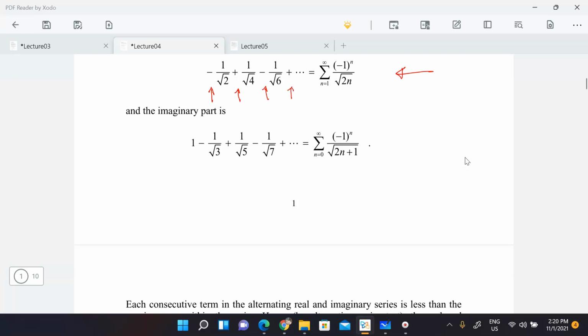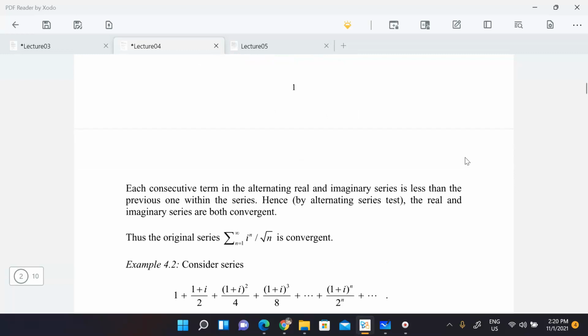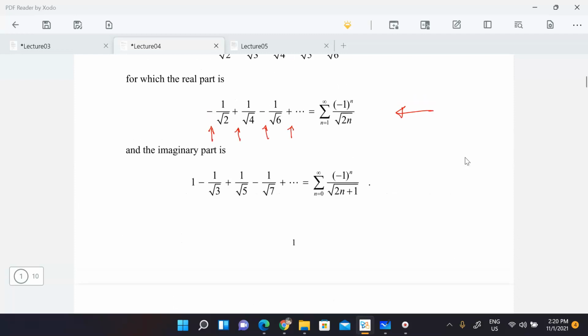Since the sign is alternating, I will look for those tests used for alternating series. I can't remember precisely what it is, but you can look at lecture 1, I think, if I'm not mistaken. You test those for this real part and imaginary part, and both are actually convergent. So that means this is convergent and this is convergent.